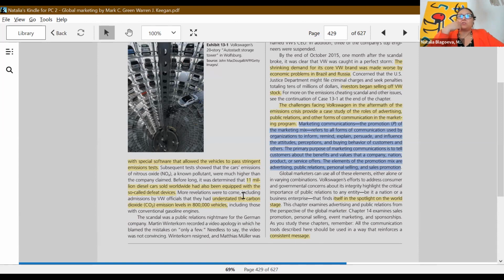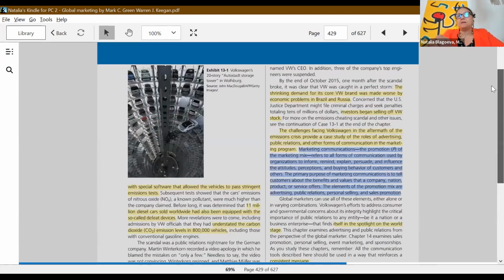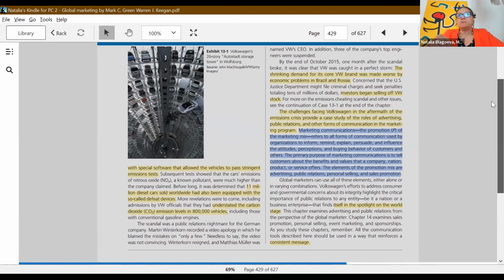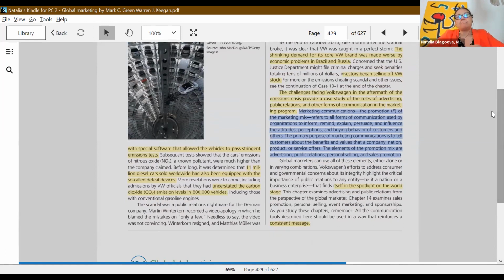This was a huge scandal that really impacted Volkswagen, and I recommend reading the case because it shows the importance of marketing communications, which is exactly what we're studying now, and especially public relations, and how we can deal with such a situation and make sure we don't totally damage the brand, because a scandal like that can completely bring a company down.